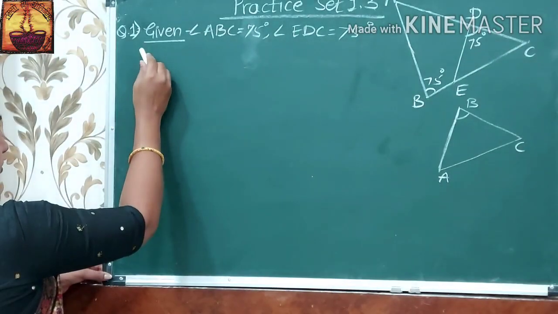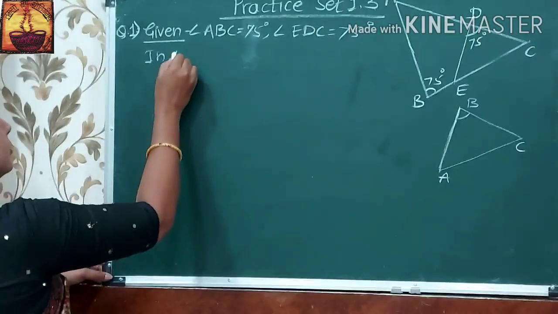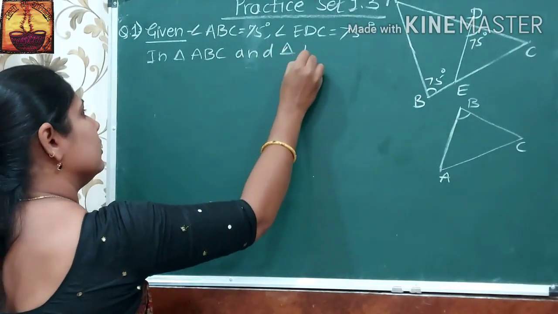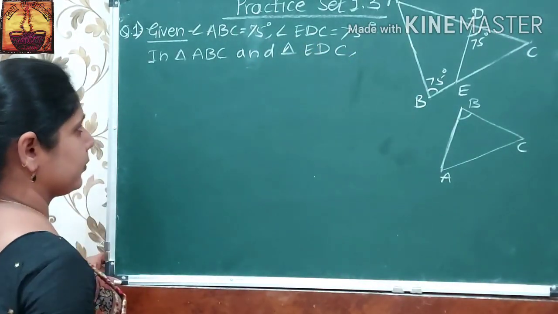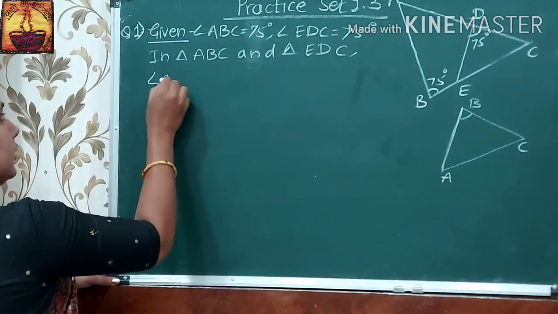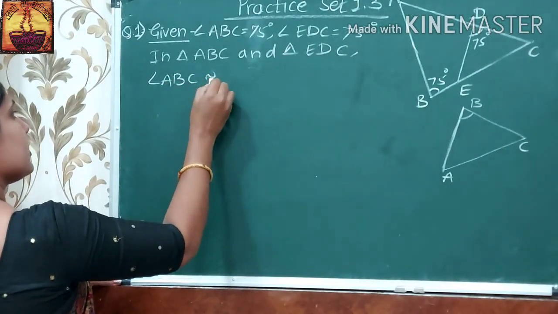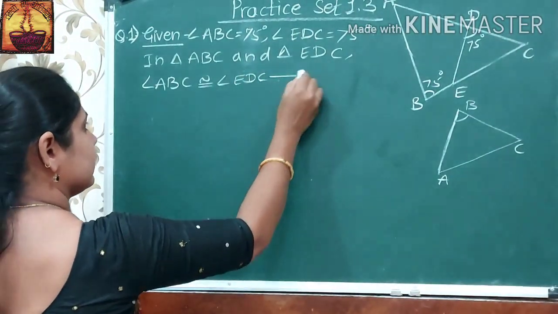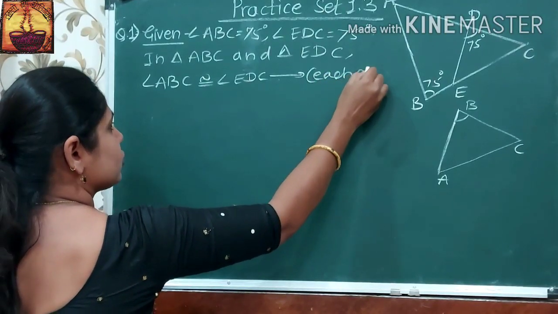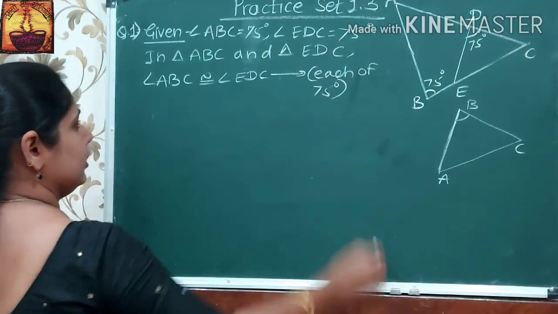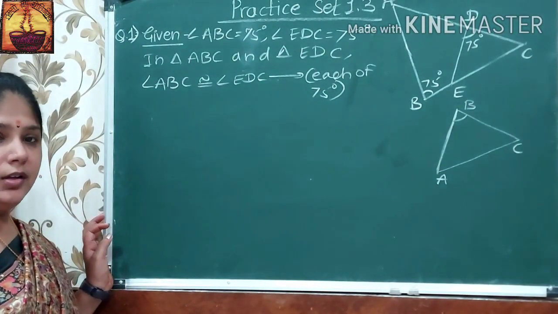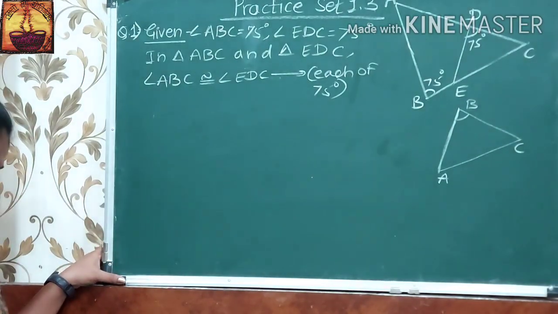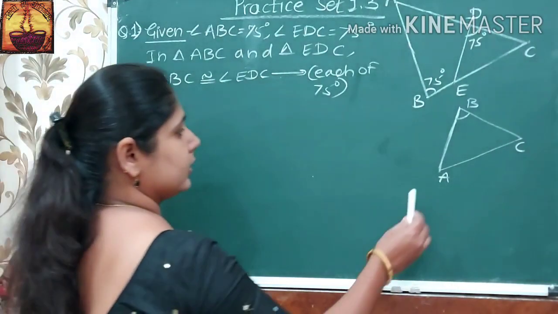Then in triangle ABC and triangle EDC, angle ABC is congruent to angle EDC. Reason: each of 75 degree. Here one pair of congruent angles is already given.